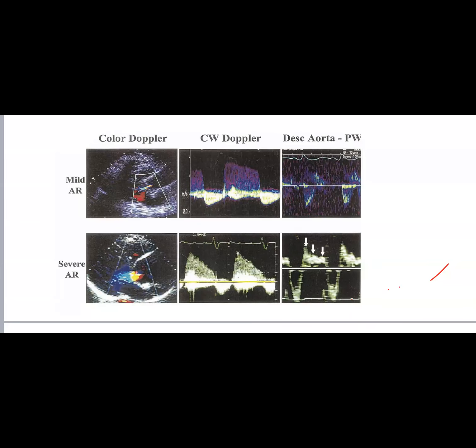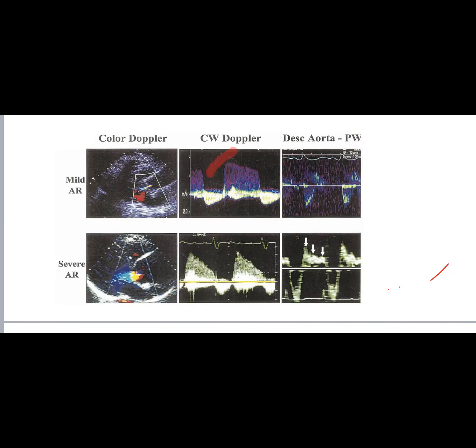Now, what about the deceleration time and how does that correlate with severity? Less than 200 indicates severe AR. More than 500 indicates mild, in between moderate. Good. So this is a good rule of thumb.